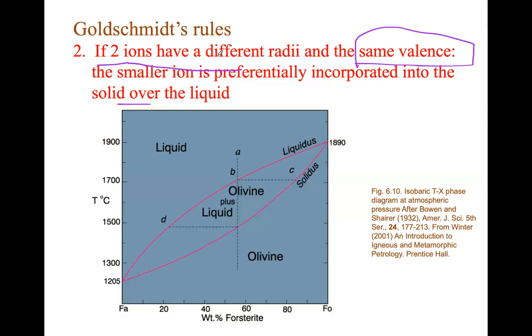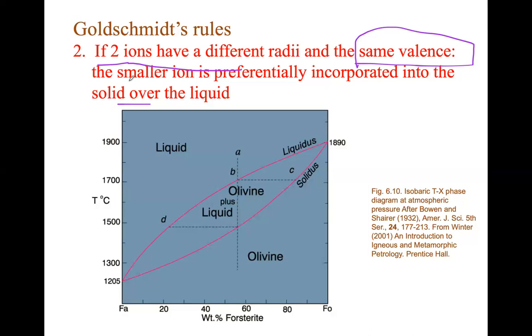Even compatible elements partition into the liquid phase to some extent. They get some, but the more that goes to the liquid is incompatible, and the more that goes to the solid is compatible. Even for the solid, you have incompatible elements; it doesn't mean they cannot be accommodated there.